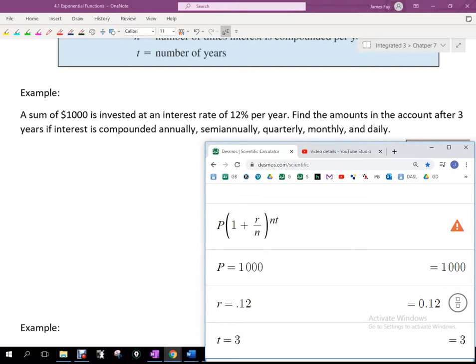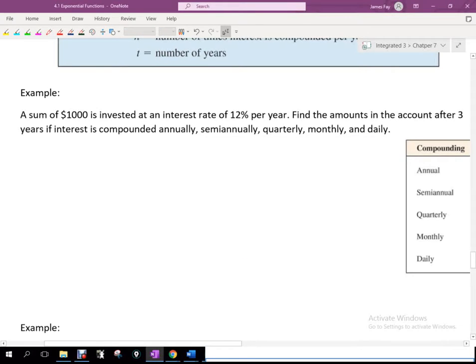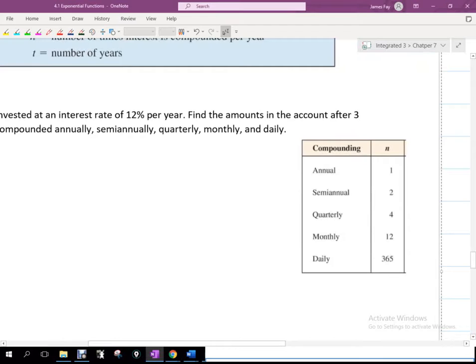So compounding annually, these are some key terms that you're going to see in your homework, and these are the numbers that correlate to those words. Annual means once a year, okay? Semi-annually means twice a year. Quarterly, 4 times a year. Monthly, obviously we got 12 months, right?